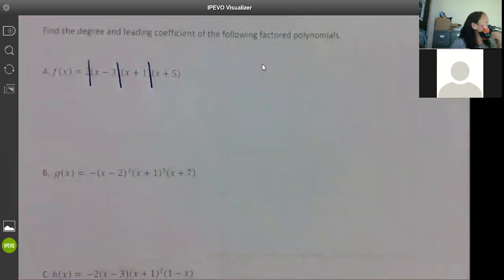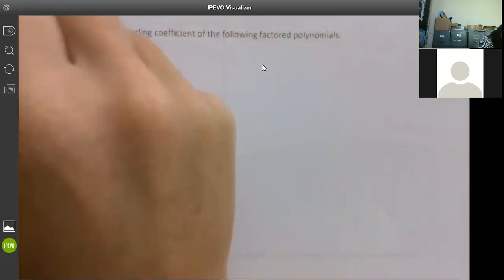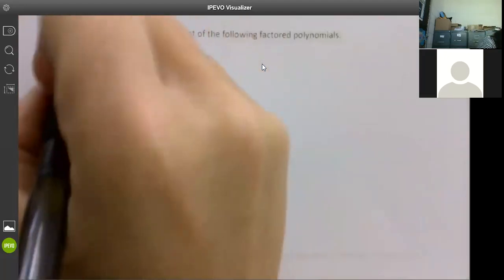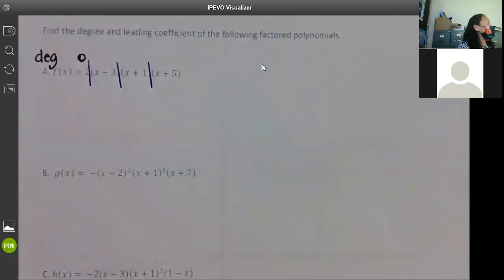And the 2 is a term, but since it doesn't have an x, it's degree... And I'm going to do the degrees on the top and the leading coefficient on the bottom. So you'll see it. The degree of 2 is 0 because it does not have an x, okay? So no x means a 0 degree.